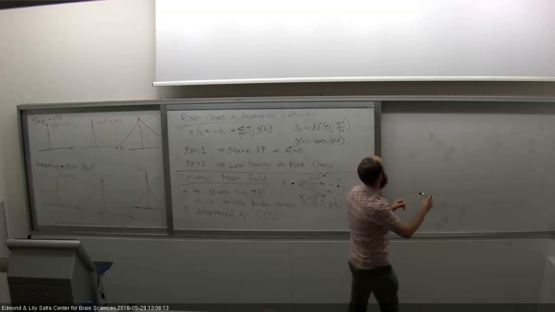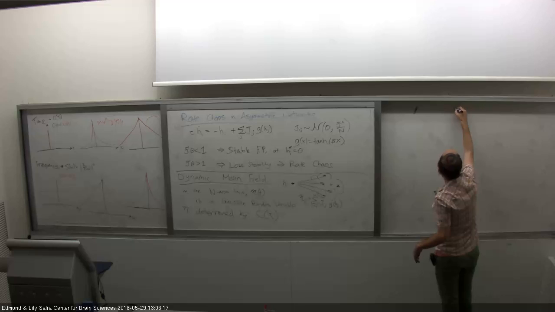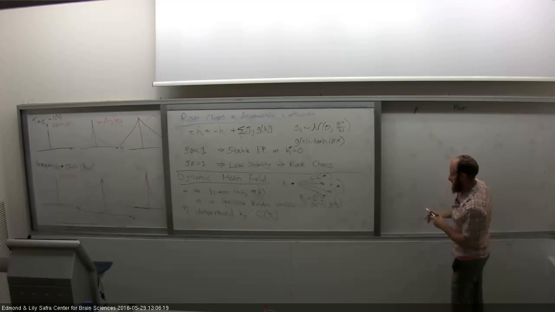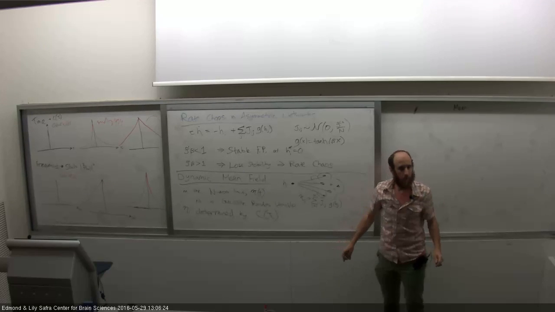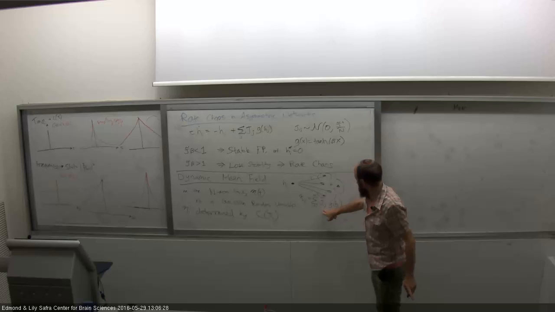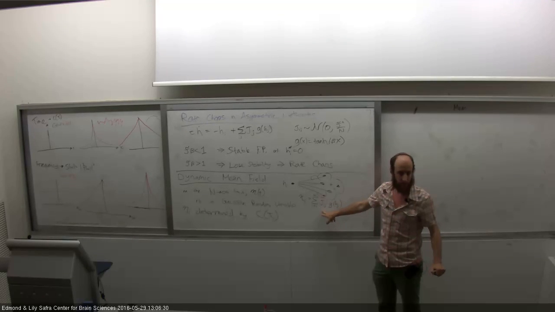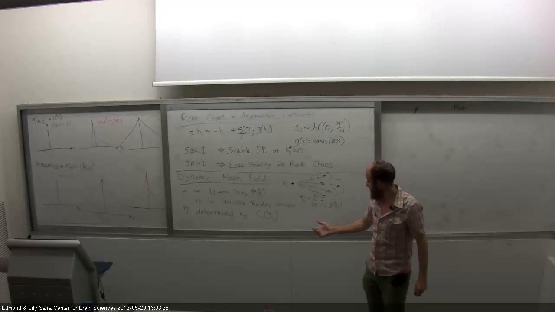So why can we assume that the mean of this is 0? So, I understand central limit theorem, so it's Gaussian. Right, yeah, it's a good question. So all the J_ij's are drawn independently from a distribution that has mean 0, right?